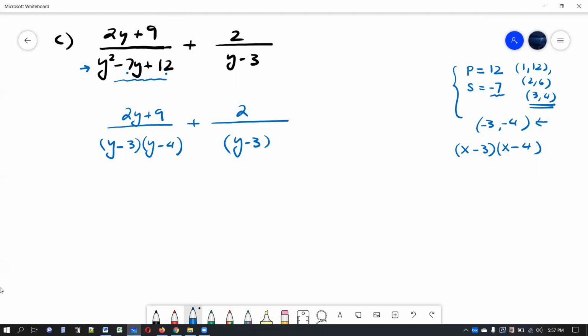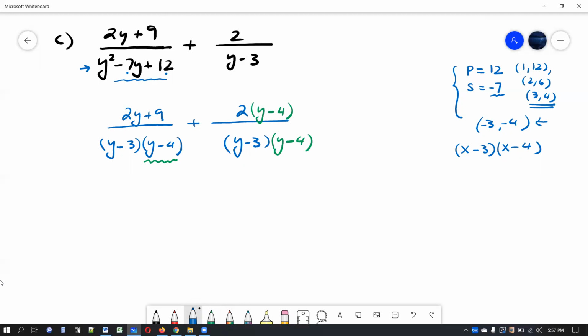Very good. It's fully factored. Now, your job is to do the operation of addition, but you cannot do it because the two denominators are different. But in this case, it's very easy again, because the second fraction is only missing this factor right here. So all you have to do to match it is write it on the right side. And again, if you write it in the denominator, you have to make sure you also put the same factor in the numerator.